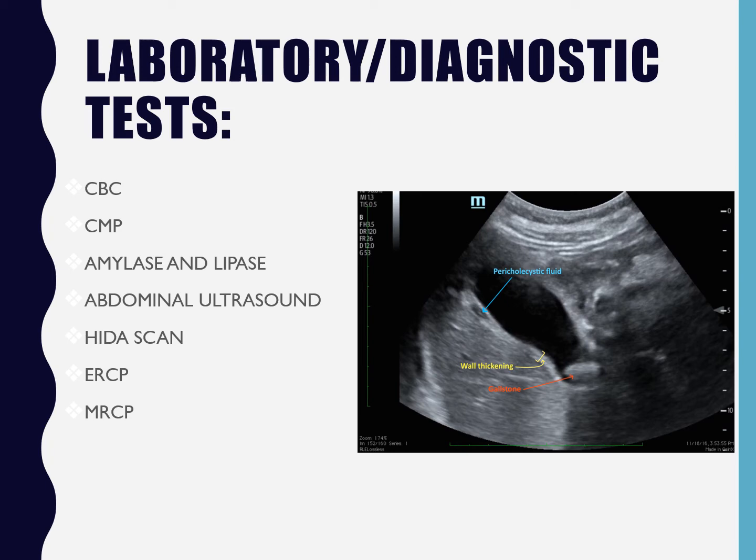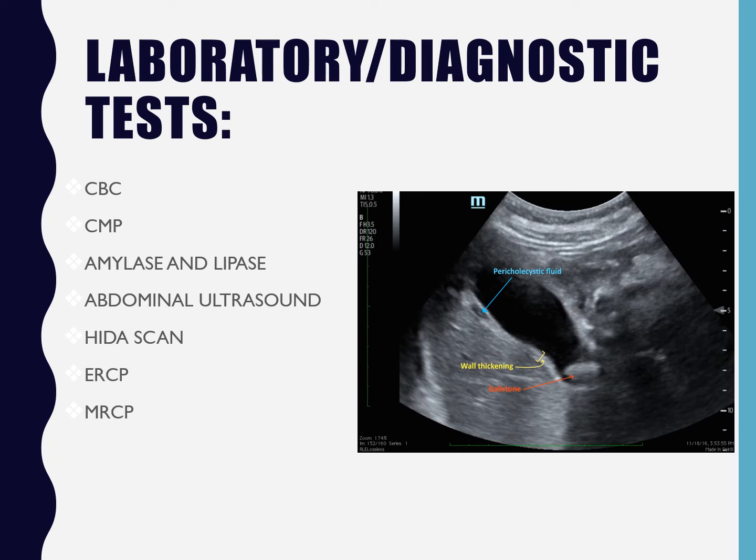We're going to look at somebody's direct and indirect serum bilirubin levels, and if the bile is obstructed, we're going to see that those are elevated. The bile that's going into the gallbladder is being backed up now into the liver, and that's why we're going to see those elevated direct and indirect bilirubin levels.